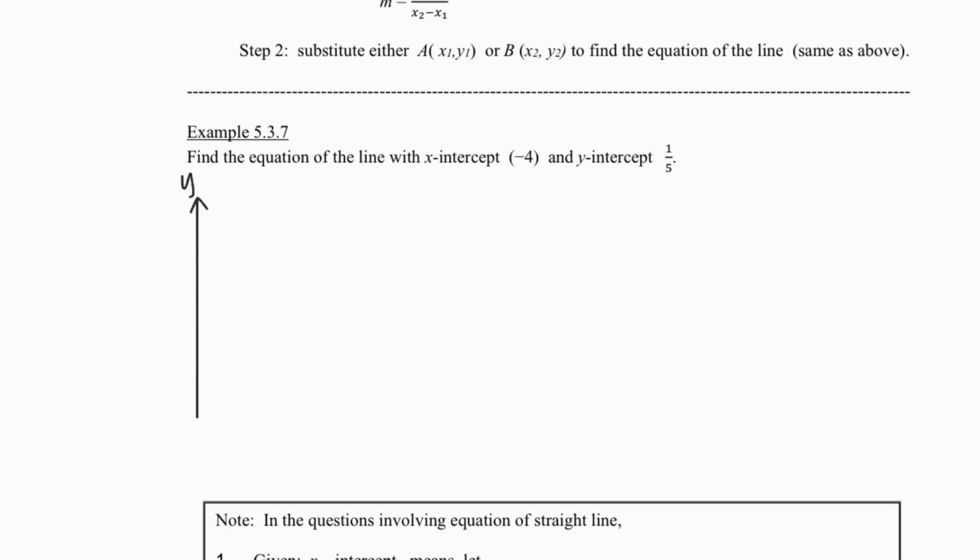We've got the y, and we got the x. X is negative 4. Y is 1 over 5.